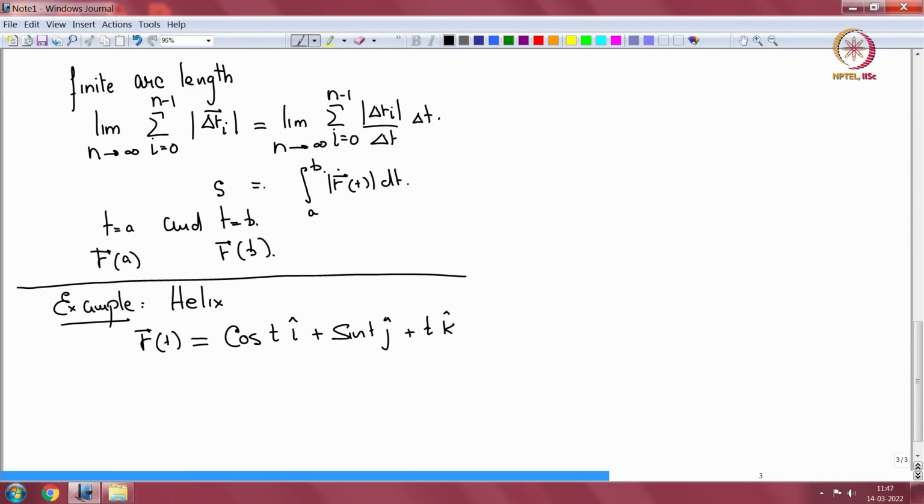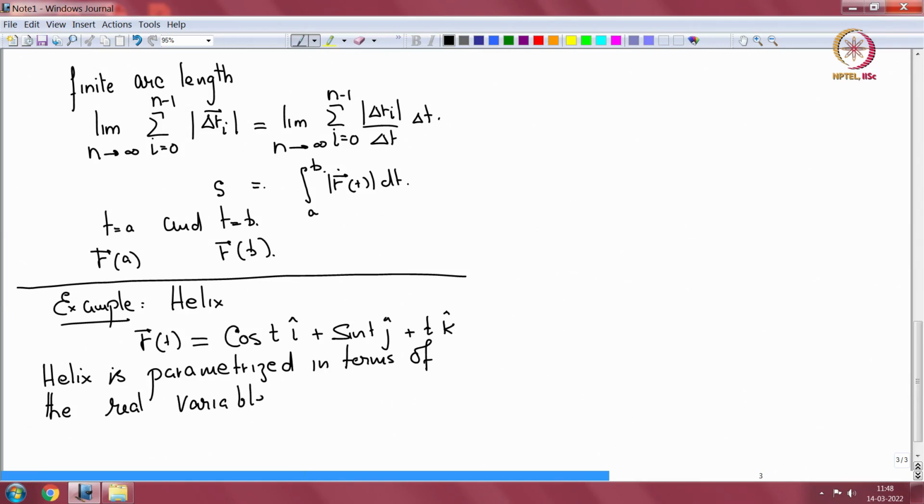Okay. This helix is parametrized in terms of the real variable t, and t can vary between 2 points A and B.